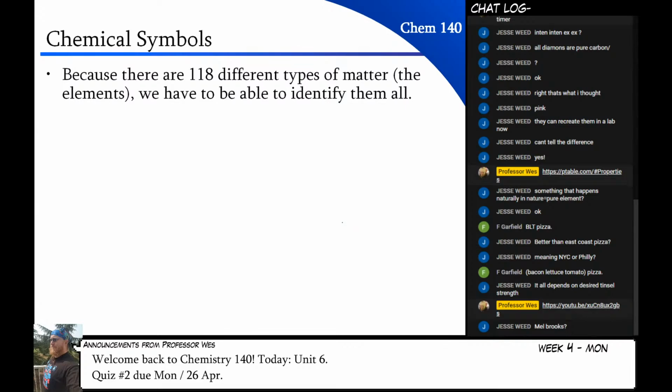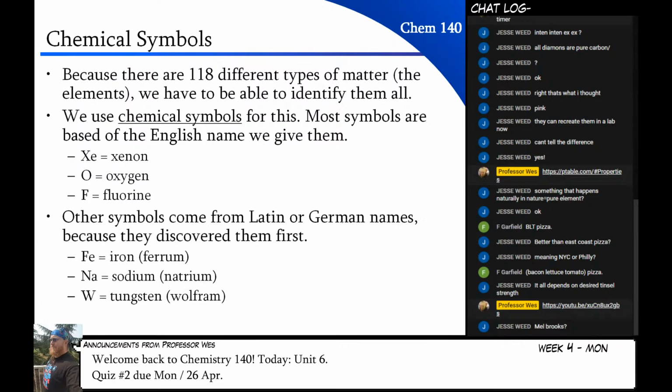Now, because there are so many different elements out there, 118, you've got to have some sort of method to identify each of them independently from one another. And so what we use are symbols. All symbols are a 1 or 2 letter code to represent the name of the substance, and most of them make sense. Xenon is just the first 2 letters. Oxygen and fluorine start with their letters.